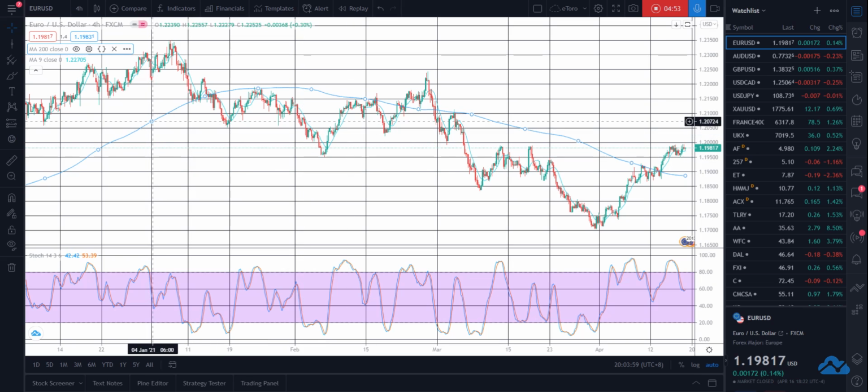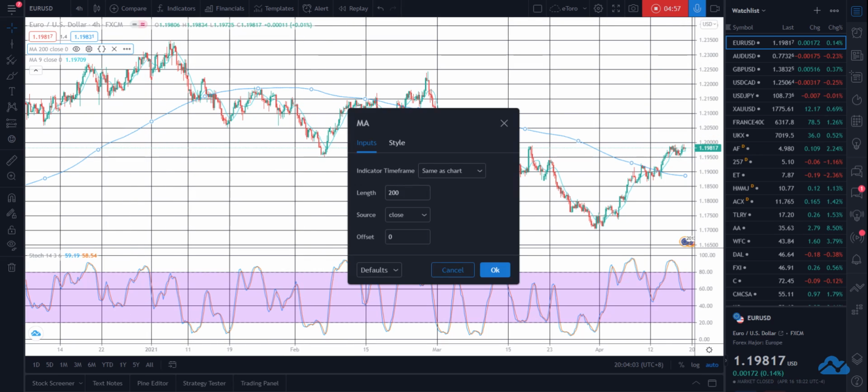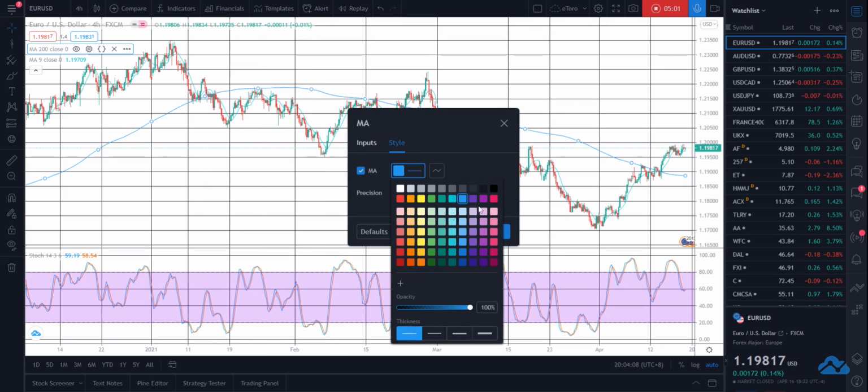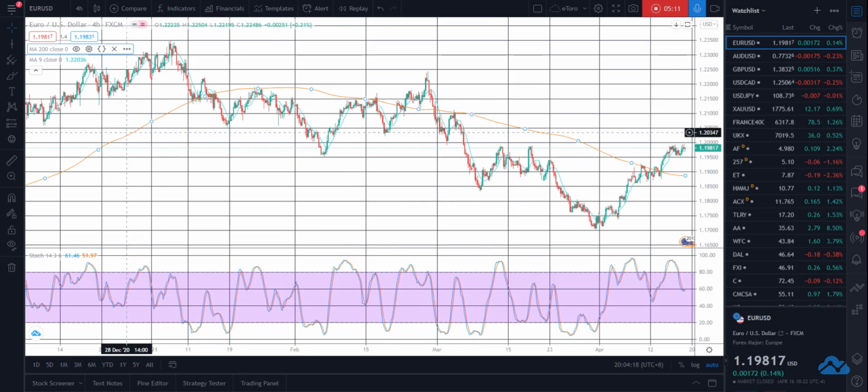Let me just change the color as well. I'll make it a bit clearer, maybe orange color, just to make it stand out a bit more.